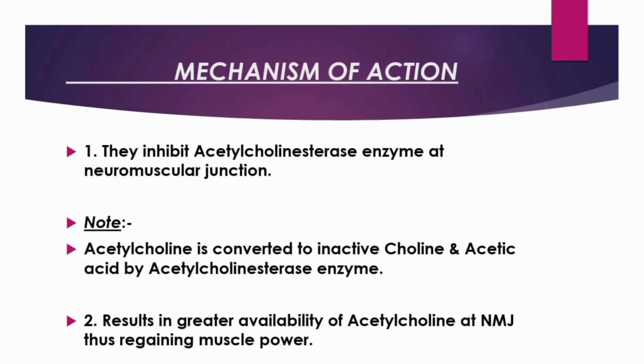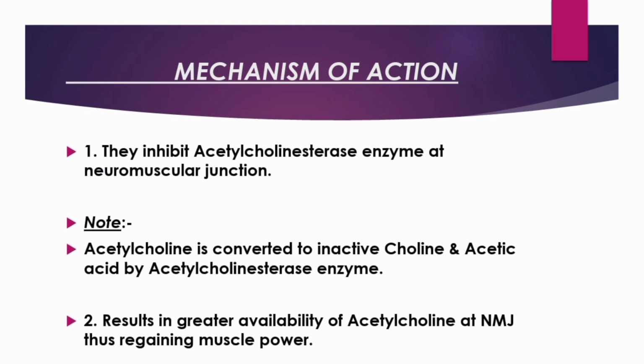So now moving to the mechanism of action. These drugs inhibit the enzyme called acetylcholinesterase at the neuromuscular junction. I repeat, the anticholinesterase drugs inhibit the enzyme acetylcholinesterase at the neuromuscular junction site.